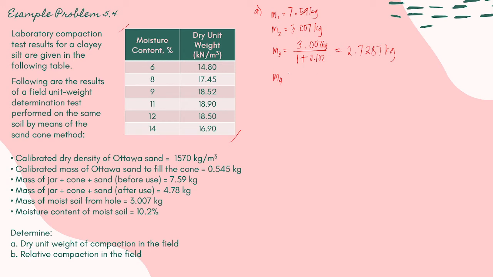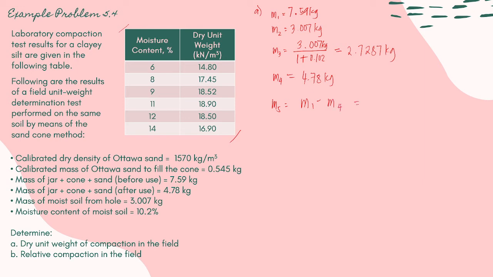This is equal to 4.78 kilograms. And then for M sub 5, we have the mass of the sand to fill the cone and the hole. We can get this using M sub 1 minus M sub 4.